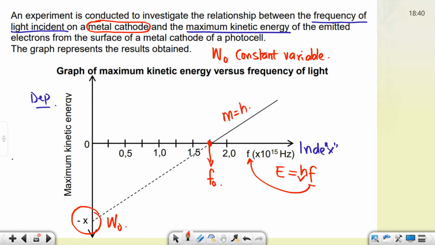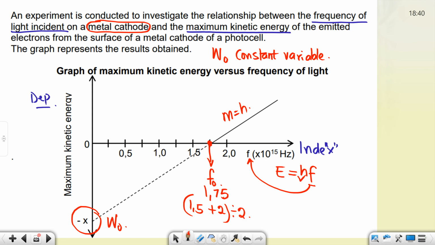If we add the two together and divide by 2 to get the midpoint, we get 1,75. I hope you understand how I got my 1,75: I said 1,5 plus 2, the middle, divided by 2.